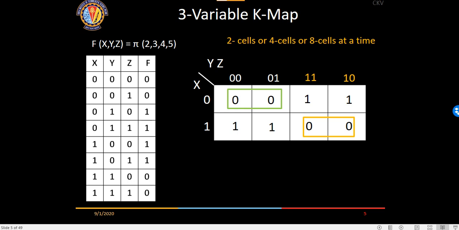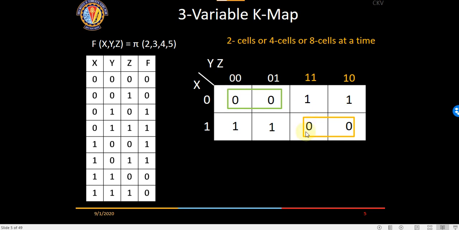Only what is not changing. The changing variable will never come. Here, z is changing, but y is not changing, and the value of y is 0. So this is x bar, y bar.